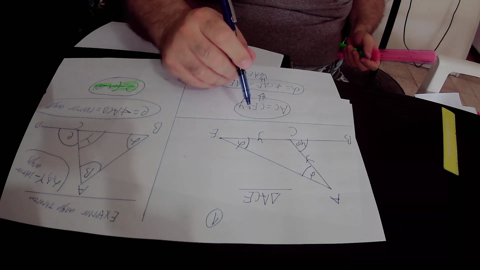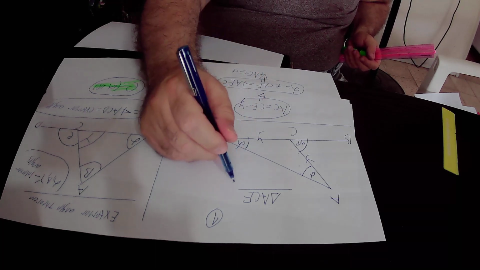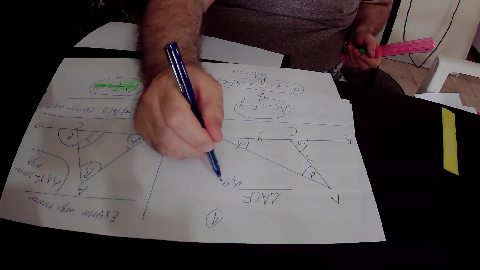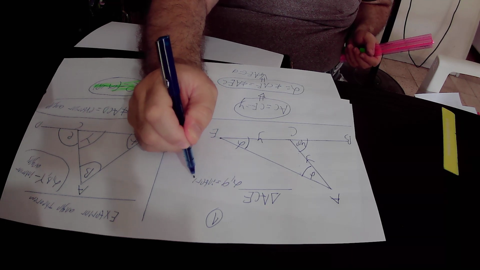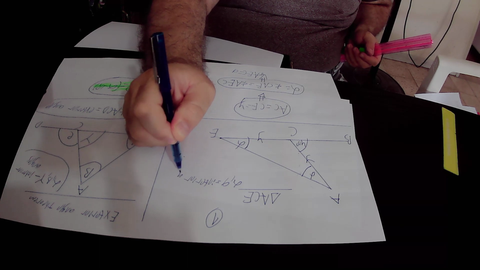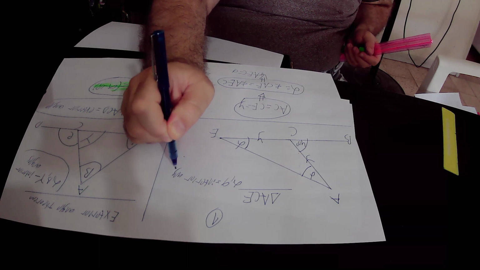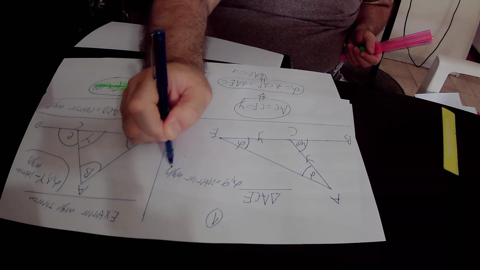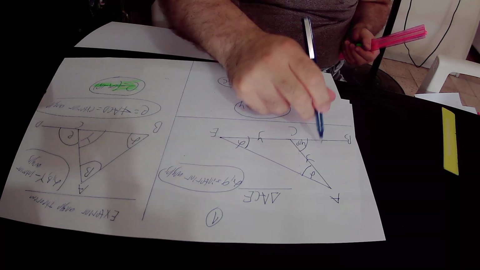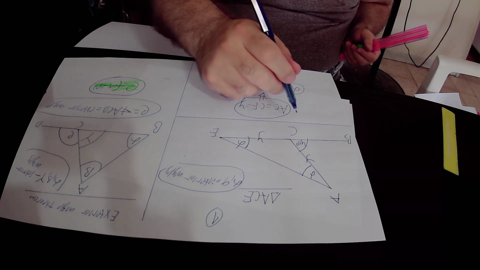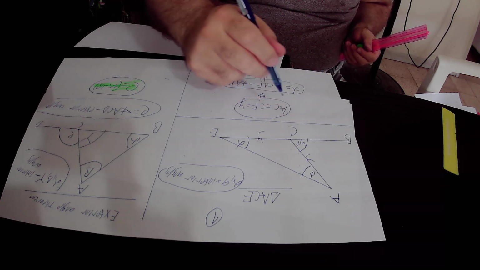Here we will implement the exterior angle theorem in our triangle ACE. In this triangle ACE, the two angles alpha and alpha are defined as interior angles, because they are located inside triangle ACE, while angle ACB, this angle, is defined as an exterior angle.